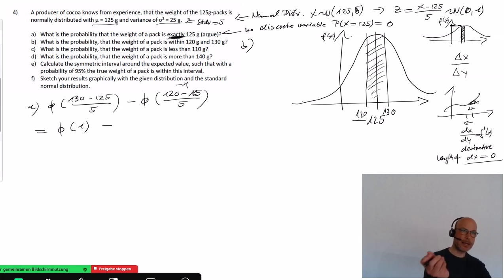Then we again use the symmetry of our distribution function and obtain 1 minus phi of 1.